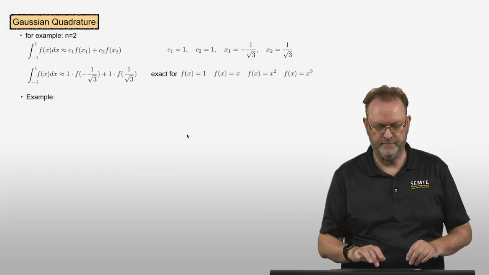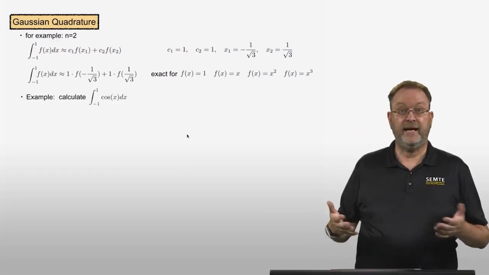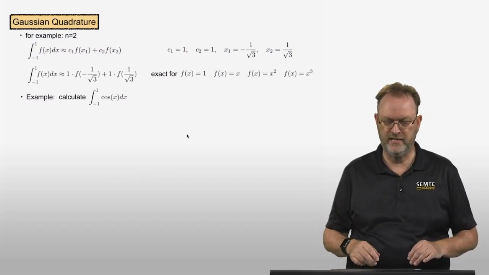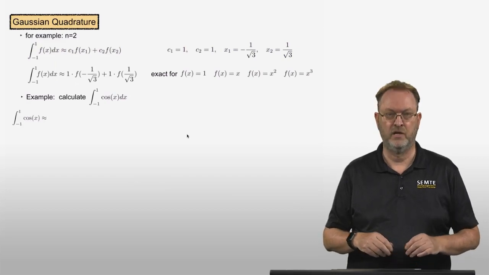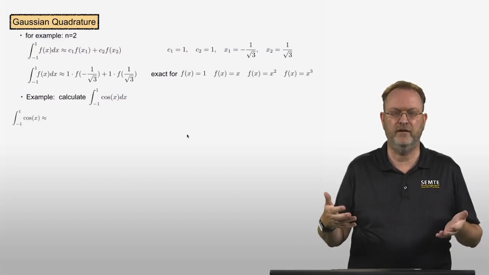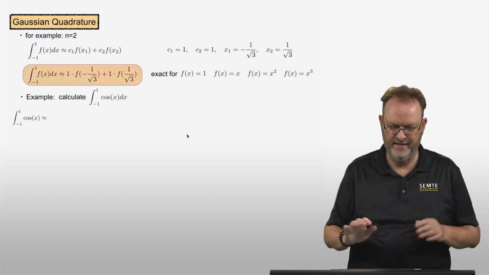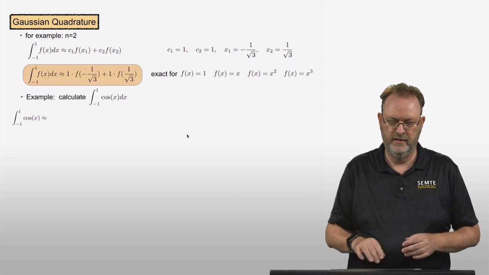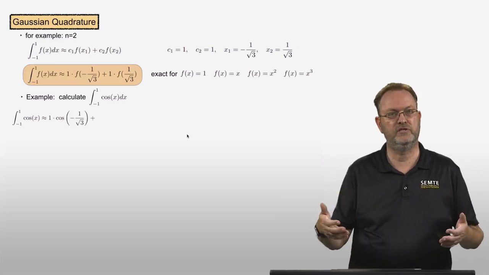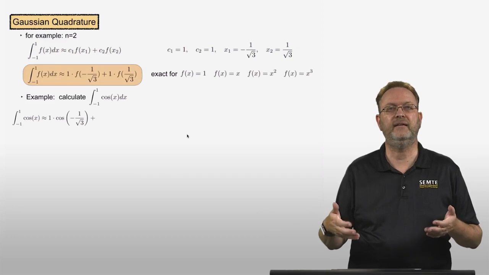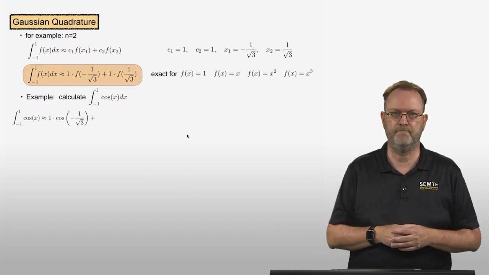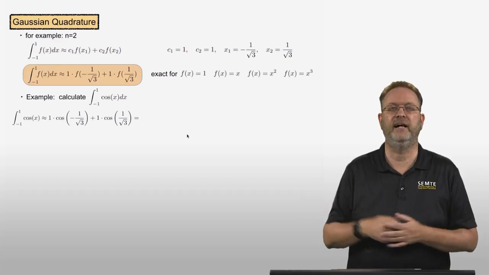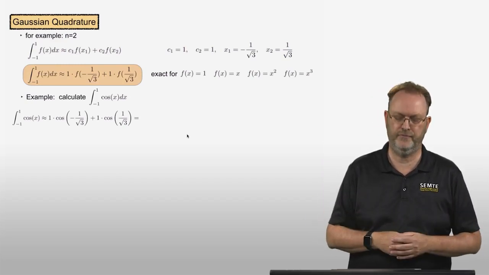So let's do an example for this. Let's calculate the integral from -1 to 1 of the cosine of x dx. The integral, there's the dx missing here, is approximated by 2-point Gaussian quadrature as 1 times the cosine evaluated at -1 over the square root of 3 plus 1 times the cosine evaluated at 1 over the square root of 3.